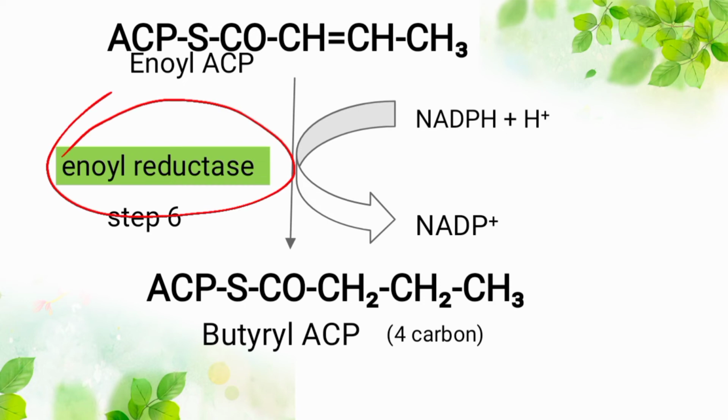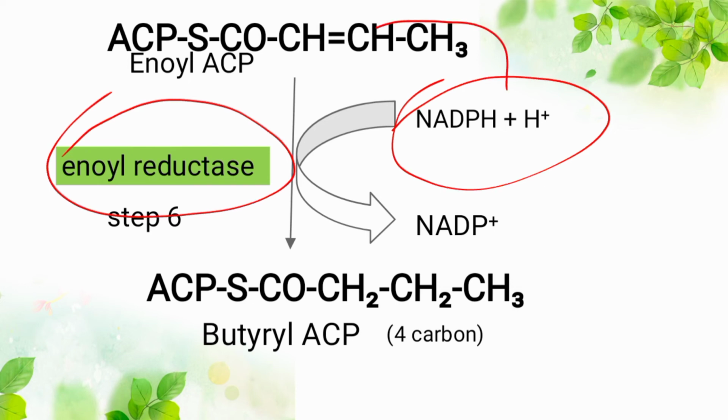So enoyl reductase will be like, okay, I'm NADPH dependent, so I'm capable of performing this function. What I'm going to do is introduce 2 hydrogen to you. I'll bless you with 2 hydrogen. You just give him 1, 2 hydrogen, and break the pi bond, and everything will be restored.